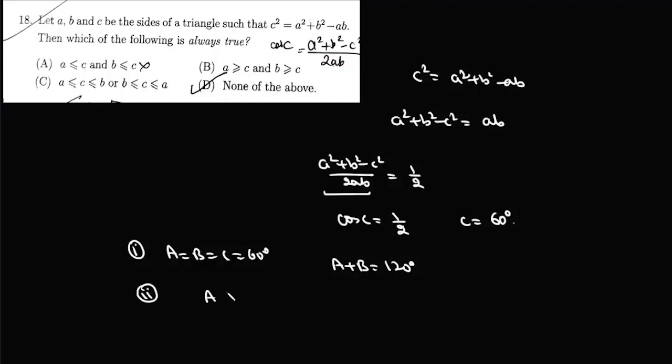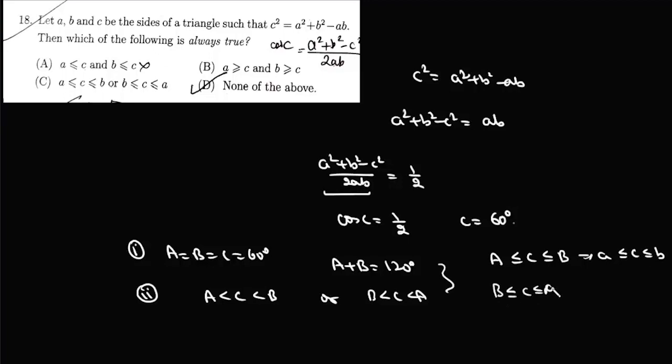So it will be either A is less than C is less than B, or B is less than C is less than A. So generally we can write either A is less than equal to C is less than equal to B, which will give us a less than equal to c less than equal to b, or B is less than equal to C less than equal to A, from where we get b is less than equal to c less than equal to a using sine rule. That means the correct option is this option C.